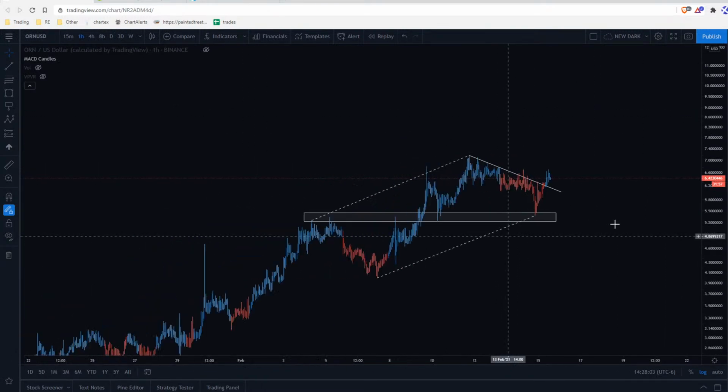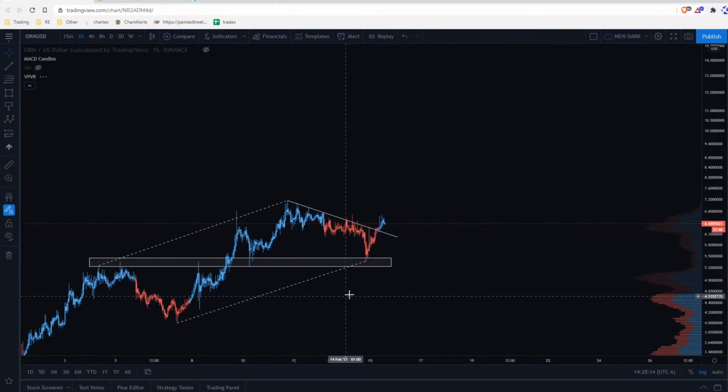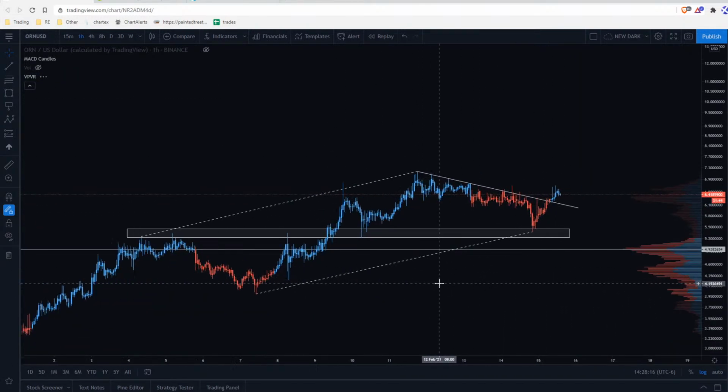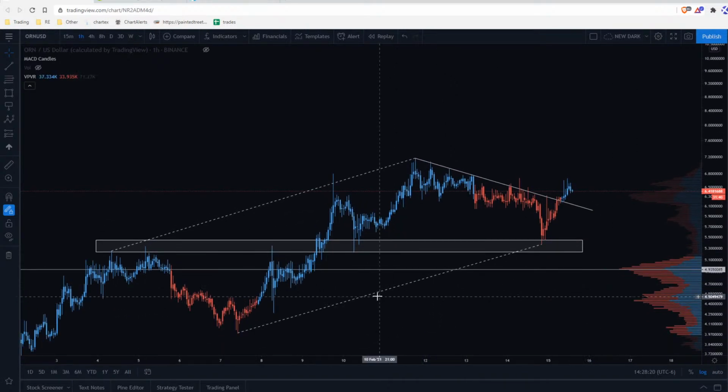If we measure this range right here, let's turn our volume profile on here and see where the bulk of the price action was in this actual piece. It was down here, really.